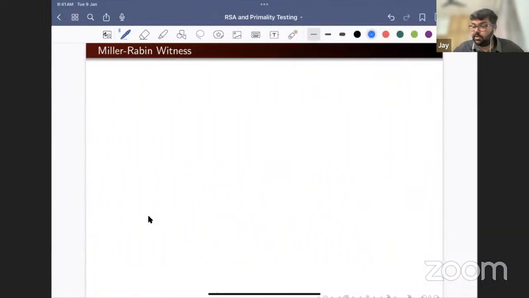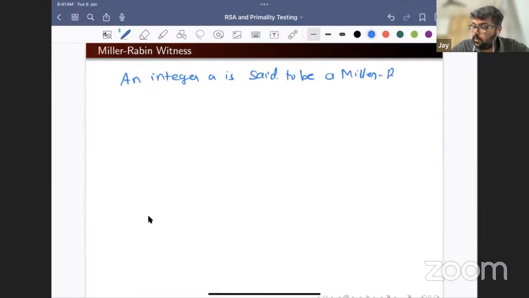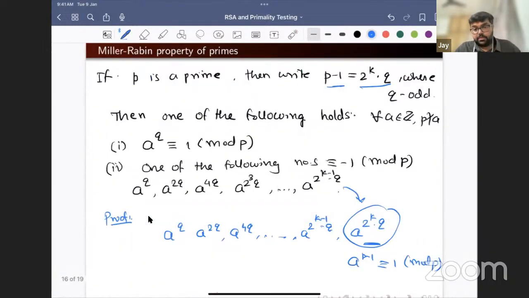That was the Fermat witness. Now what is a Miller-Rabin witness? An integer a is said to be a Miller-Rabin witness for the compositeness of n if, so if n is prime, then one of them is true. So if none of them is true, then n is not prime.